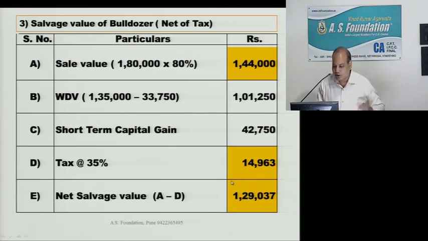Please be a little awake and alert, in spite of giving instructions so many times. Your net salvage value is sale value minus tax paid. See the highlighted figures. Go to main page. Right there, 129,037, last line. Positive number. Now, give me the NPV only.